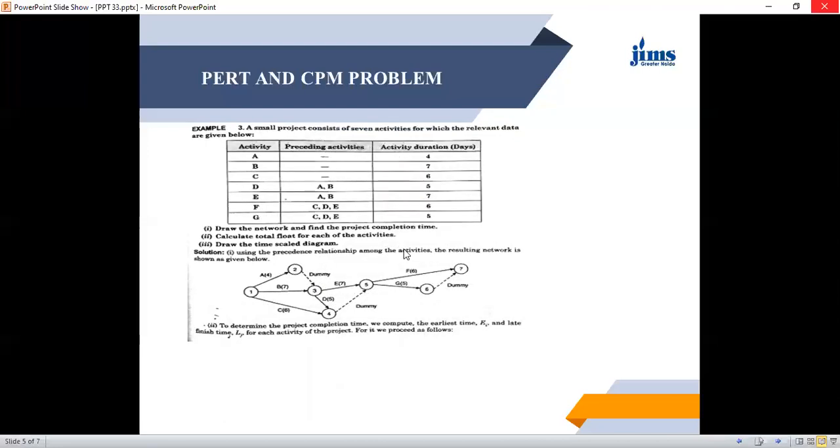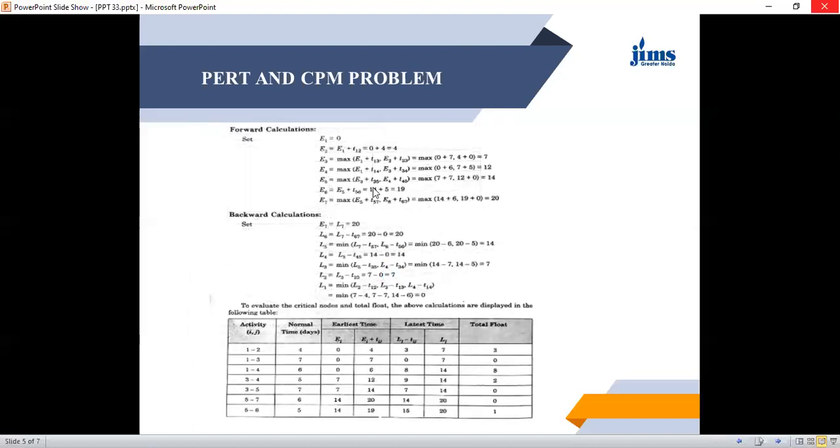Similarly, E4. See here, E4 will be equal to one is 0 plus 8, 8 days, another is 7 plus 0, 7 days. The maximum of the two is 8 days. So we have written the maximum of E1 plus T14, E2 plus T24, that is 0 plus 6, and 7 plus 5, 12.